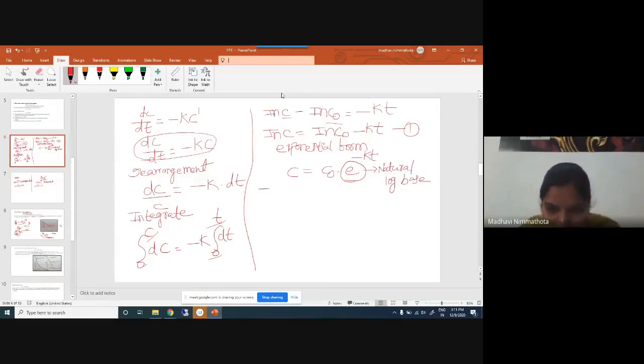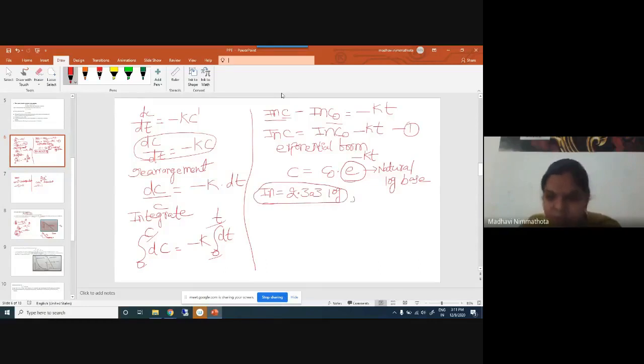Then ln equals 2.303 log. This is a constant number. When you replace this in the equation, you write it with 2.303 log.